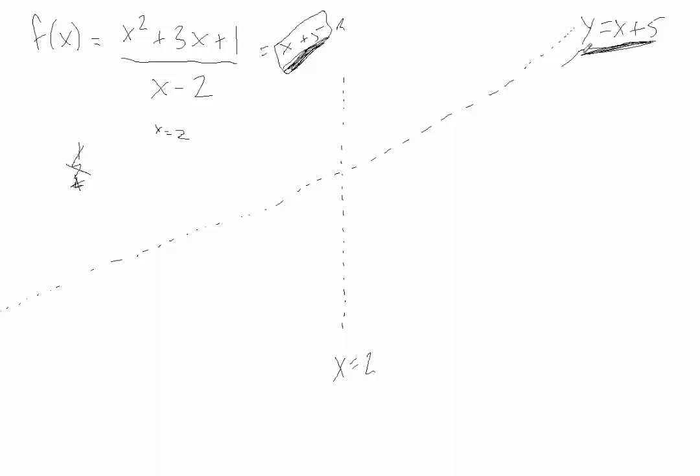And the end behavior will be described by this, meaning the graph is going to tend toward this line as it goes to positive and negative infinity. And the graph ends up looking something like this.